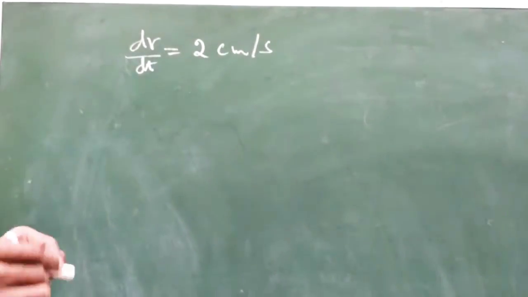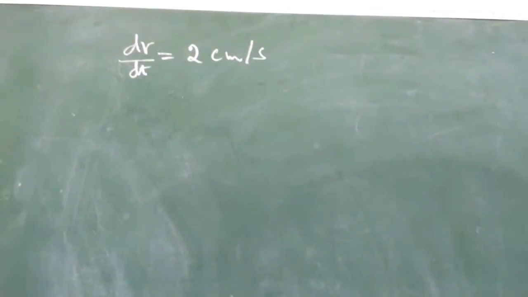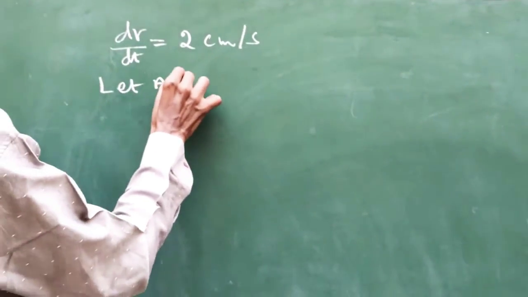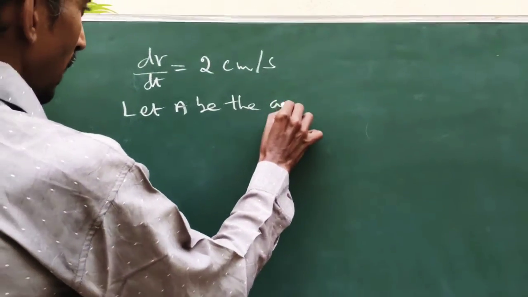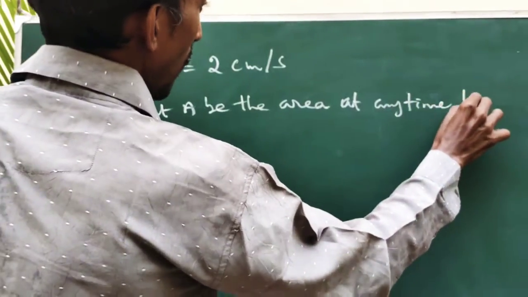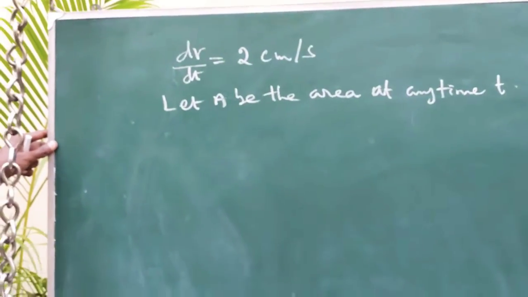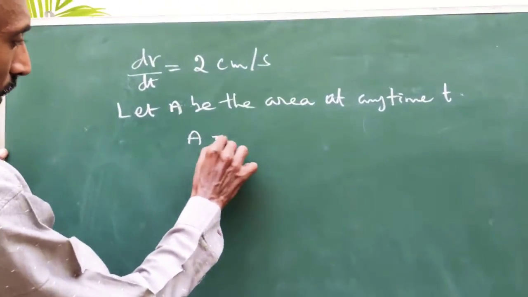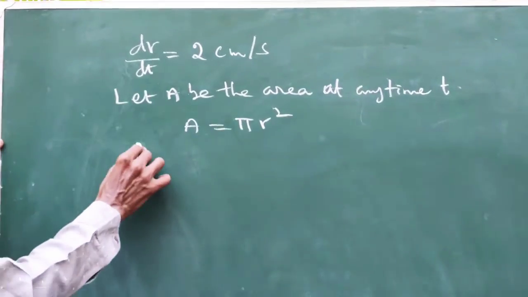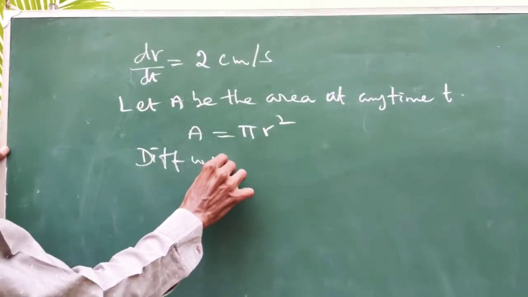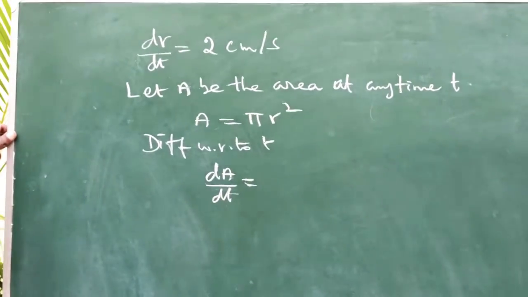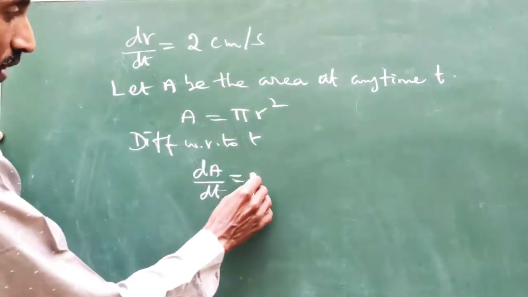Here it forms circular ripples, so the area of the circle is nothing but pi r square. Let A be the area at any time t. So A equals pi r square. Differentiating with respect to t, dA by dt equals pi, which is a constant, times the derivative of r square, 2r.